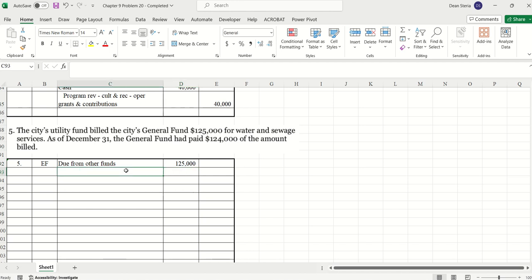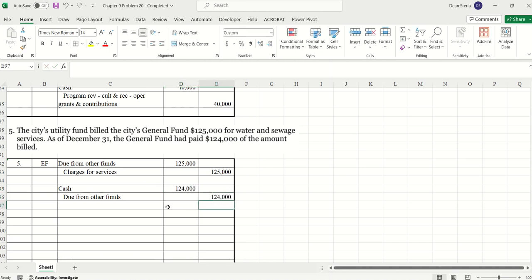Because that's what they billed them. And then you're going to have your charges for services, and so here we send the bills out, and it tells us also that they paid 124, so we got cash, and we're going to reduce our due from other funds, and that's going to be for the 124.